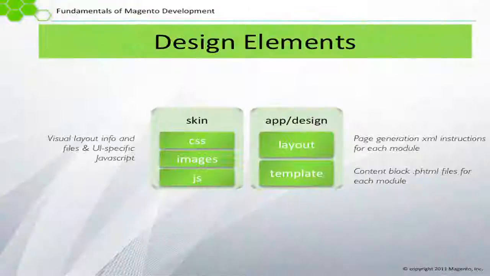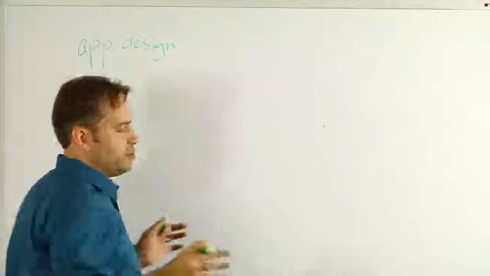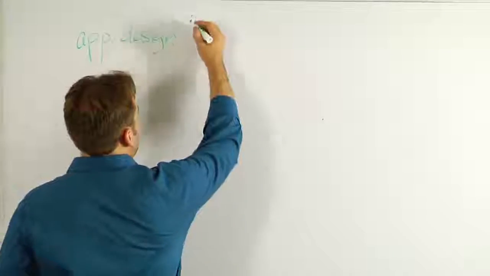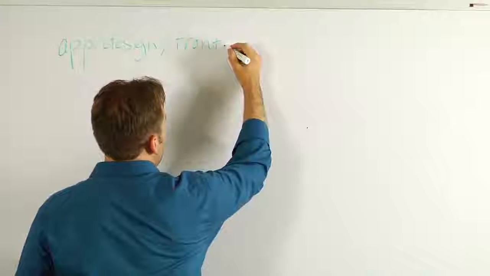When you're thinking about a theme, I think it's generally a good idea to consider templates and skin together. So what that maps out to in the file system, app design, and in this case we'll just deal with the front end because we're not going to review skinning or theming the admin.